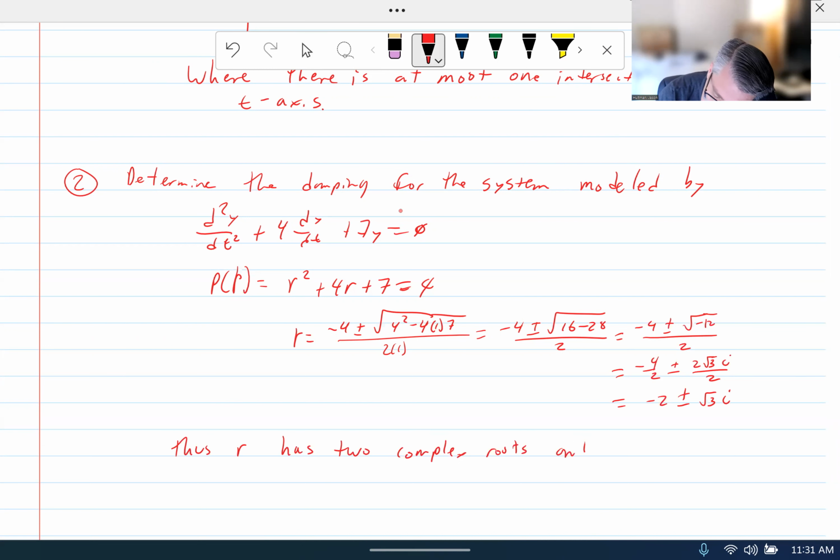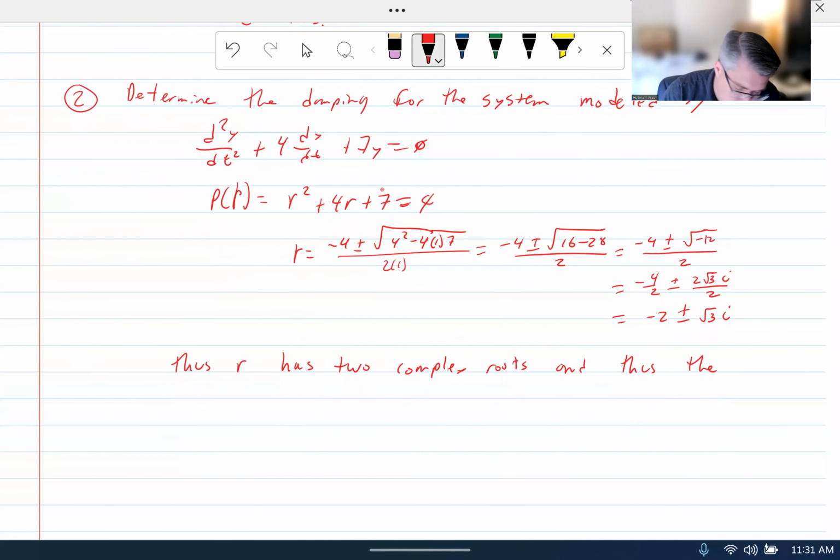And thus the general solution, y of t, is going to involve complex roots, so we're going to have sines and cosines.